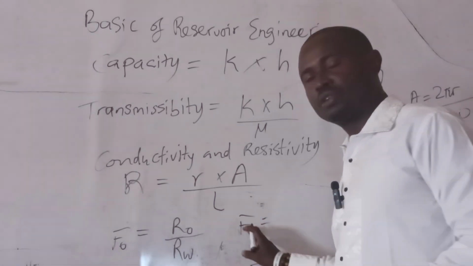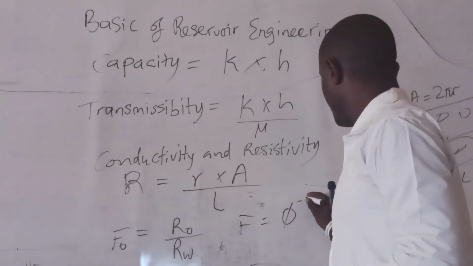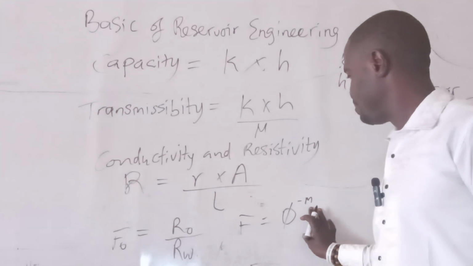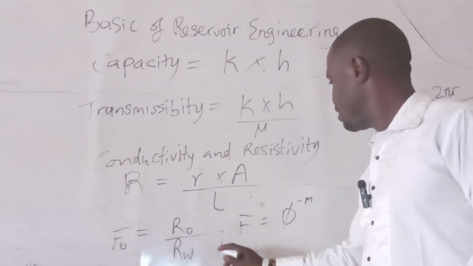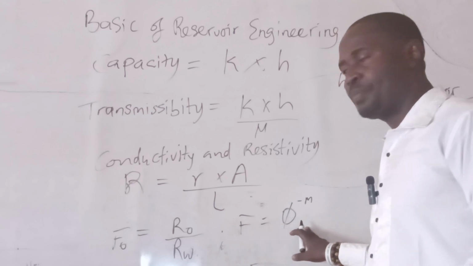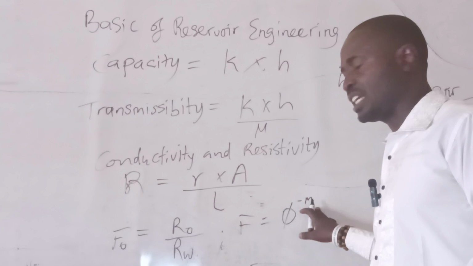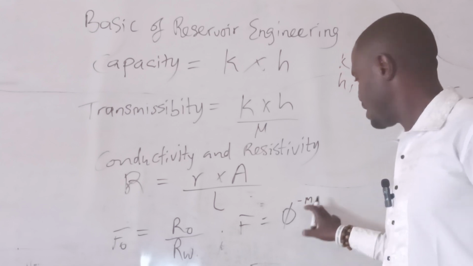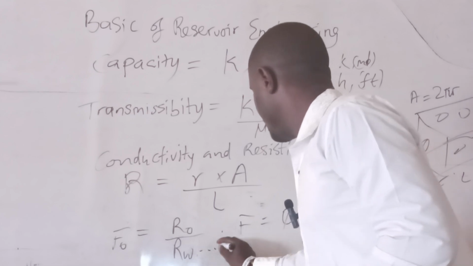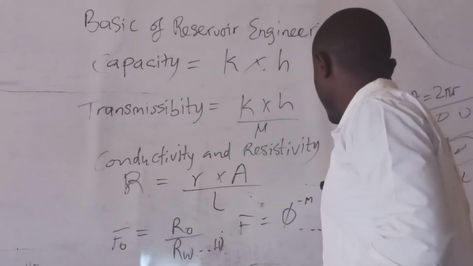We can also equate our formation resistivity factor as the porosity raised to the negative power of the cementation factor M. The formation resistivity factor is also equated to our porosity to the negative power of the cementation factor M. We can therefore take this as equation 1, and this we call equation 2.